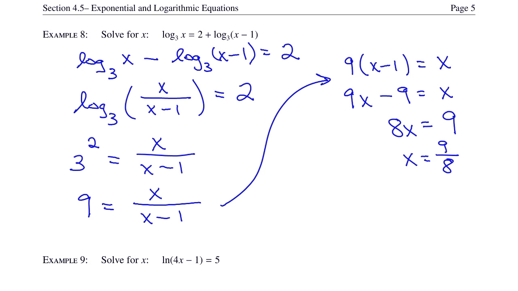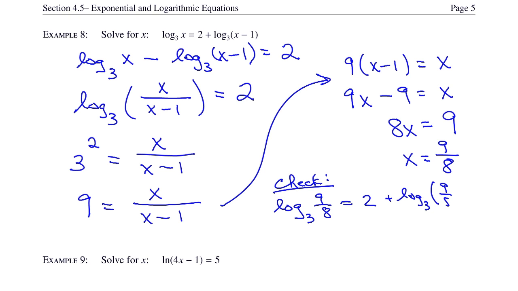Now you need to be checking the answers for logs. You can sometimes generate an answer that does not work. And all you really need to check is that everything is valid. So log base 3 of 9 over 8 is equal to 2 plus log base 3 of 9 over 8 minus 1. You could do the log on the left and you could do the log on the right, so it will check out.